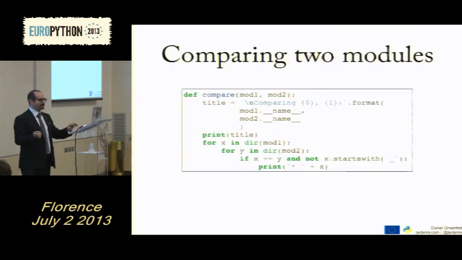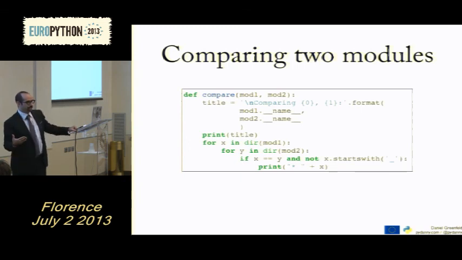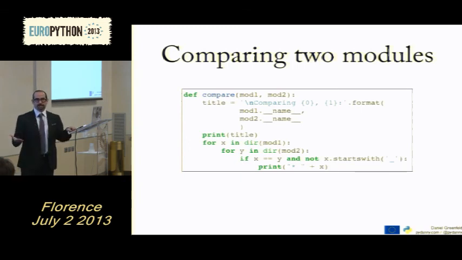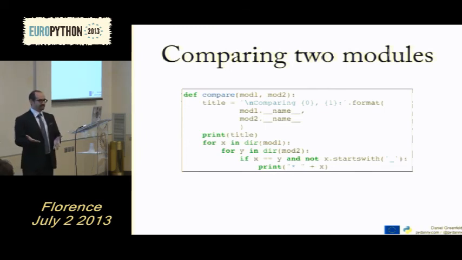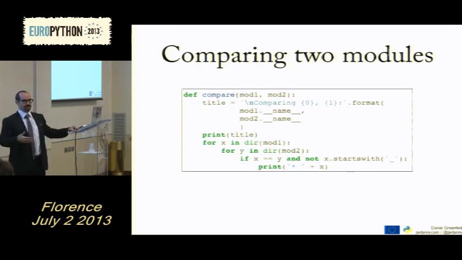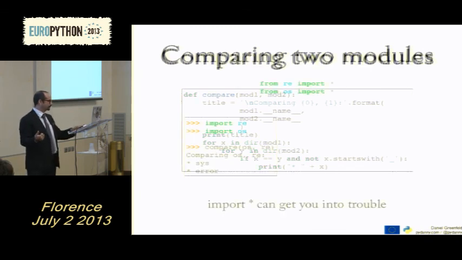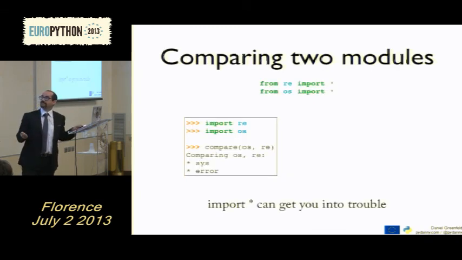So what I've done is I've written this nice little function called compare, which compares two modules, two packages against each other to see if there's any collisions that might be happening. So that way, if I do from re import star or from os import star, I can see if there's going to be any problems. And here I'm executing an action.